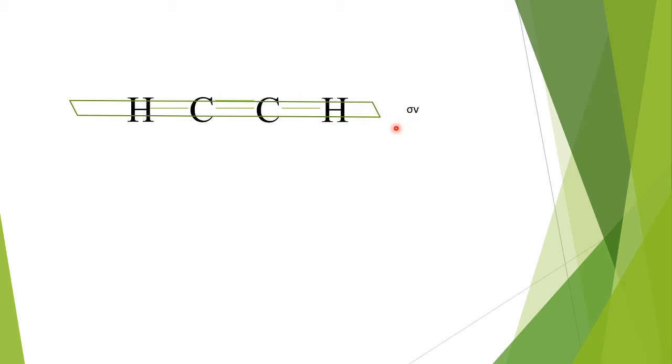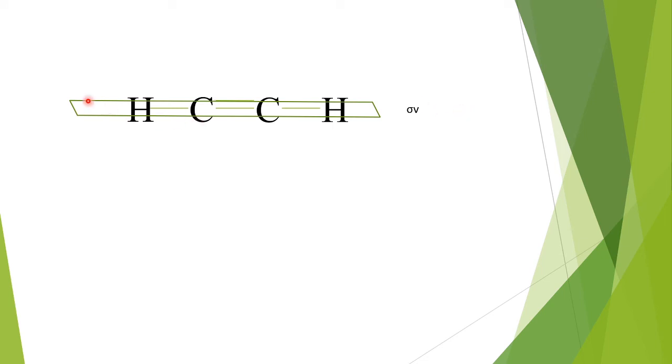And see, till now we had only written sigma. Now I am introducing this sigma v to you. The axis which passes through all the four atoms is called the principal axis.